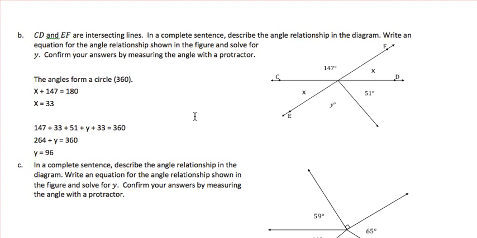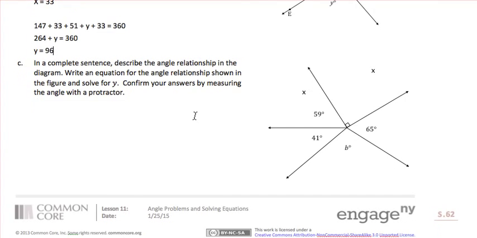Figure C, again, is a circular relationship, which means it adds up to 360 degrees. In this case, it appears that we have everything that we need. This is a right angle, 90 degrees, and all of the other angles are labeled.